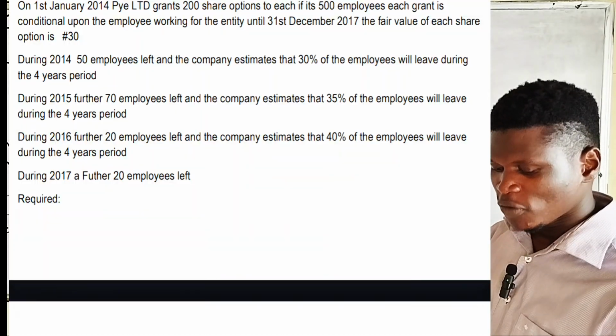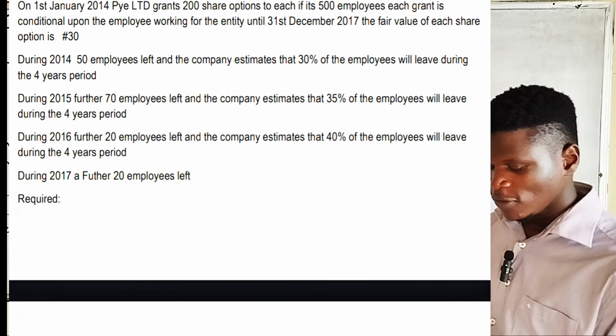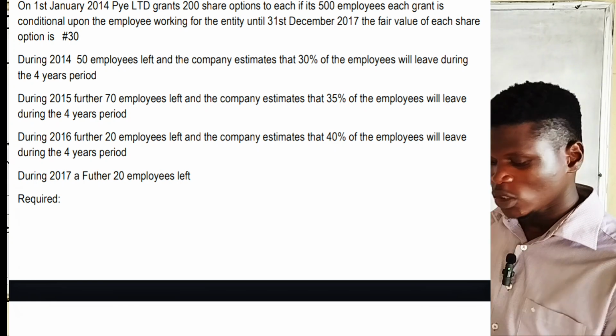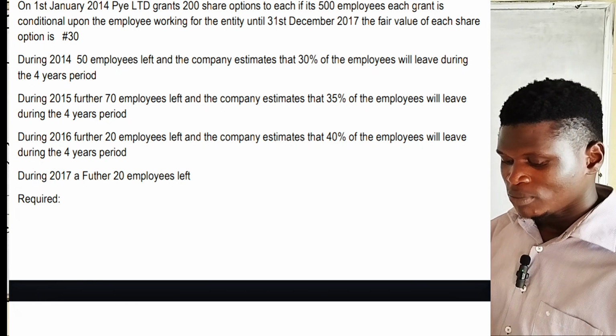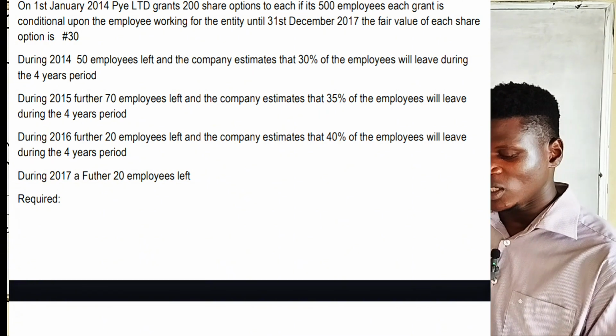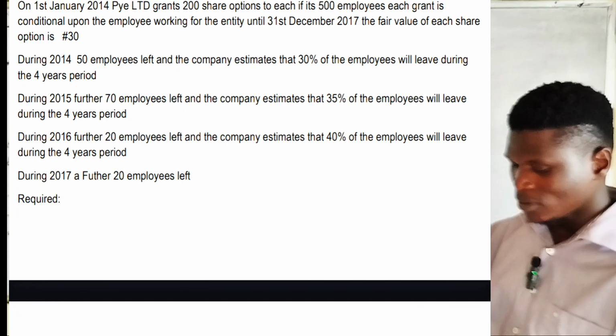It says on 1st January 2014, Pi Limited grants 200 share options to each of its 500 employees. Each grant is conditional upon the employee working for the entity until 31st December 2017.